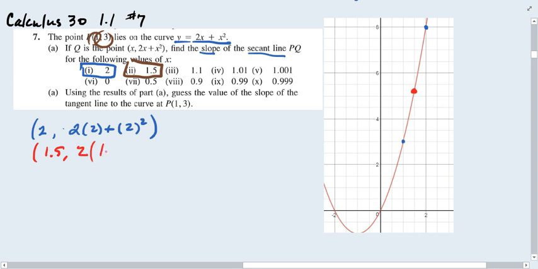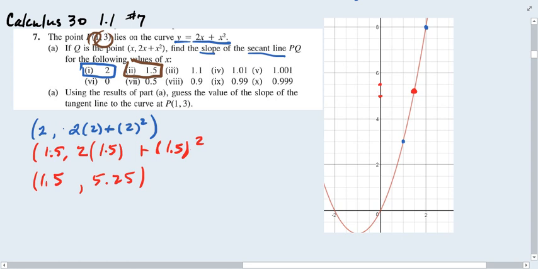So 1.5 times 2 is 3, plus 1.5 squared, which is 2.25. So 3 plus 2.25 is 5.25. That looks to be exactly halfway between 5 and 5.5, so 5.25 is reasonable.